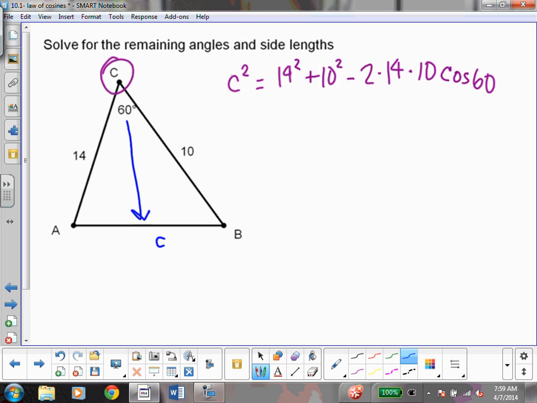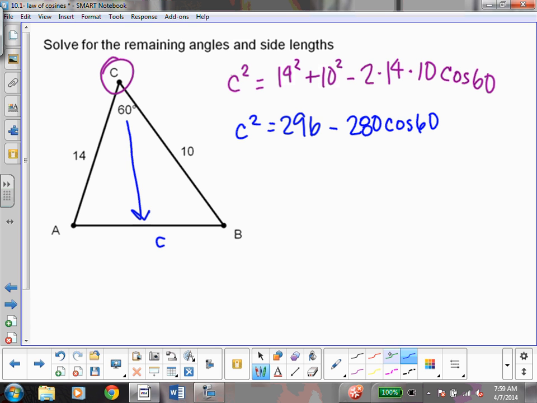And then I can apply my calculator. 14 squared plus 10 squared is 296. And then 2 times 14 times 10 is 280 times the cosine of 60.